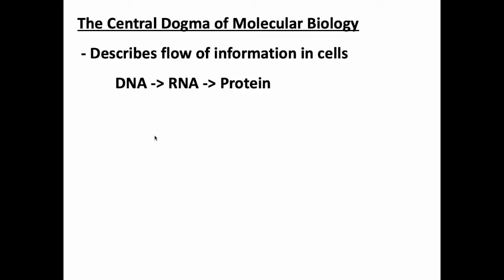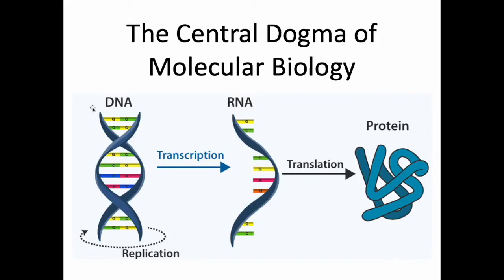This is how information flows in cells. Instructions are stored in the DNA, they're copied over into the RNA, and then they are used to build proteins. If you want this a little bit more visually, DNA to RNA to protein, that's the central dogma.